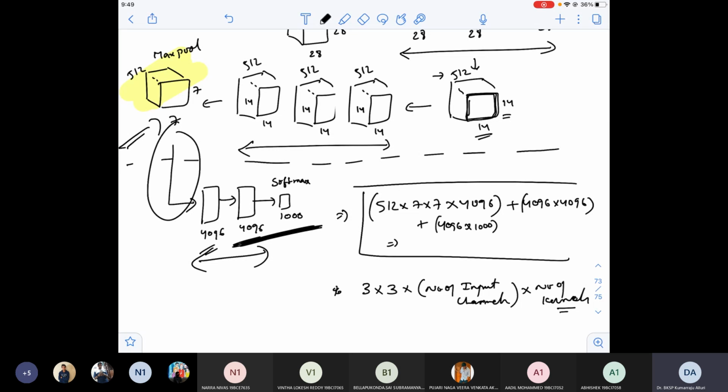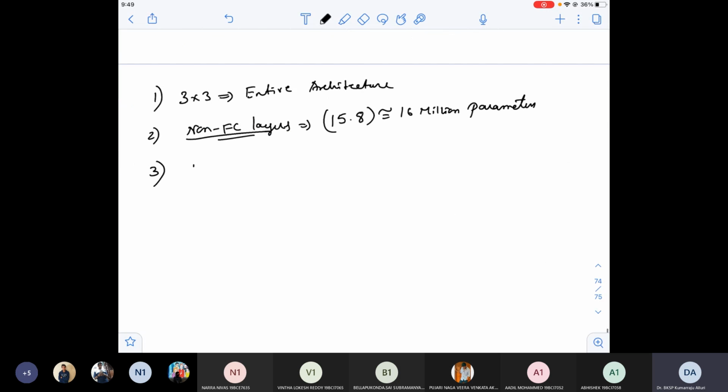If you simplify this, you would get something around 122 million parameters. So for the fully connected layers, how many parameters do you require? Around 122 million parameters.